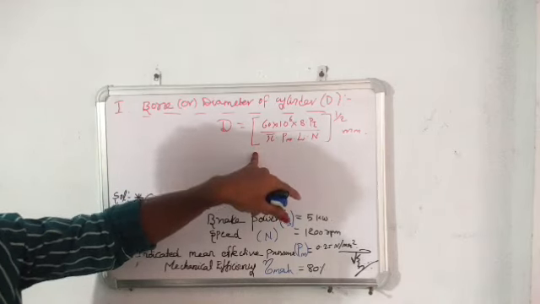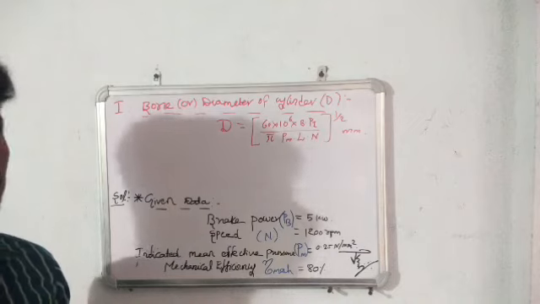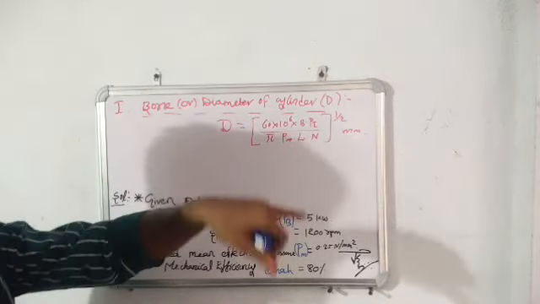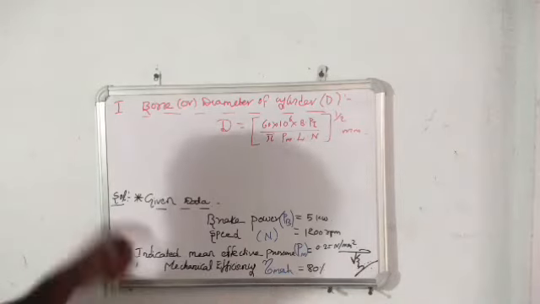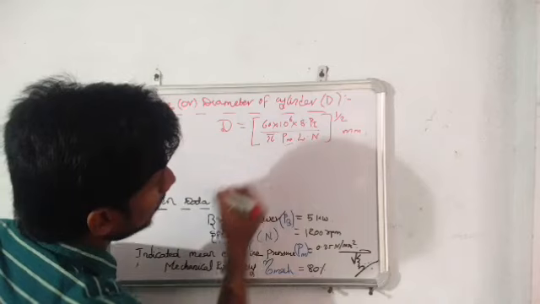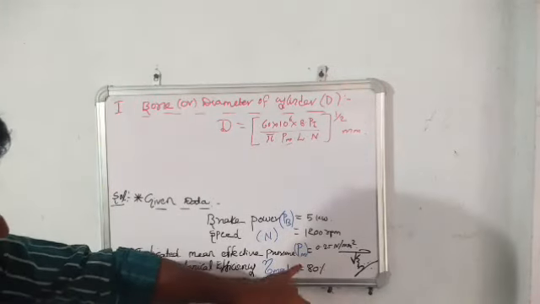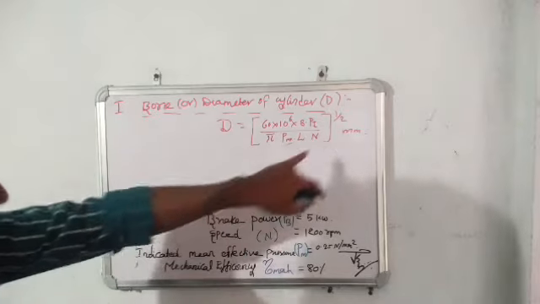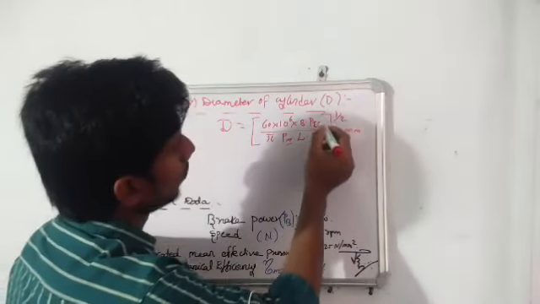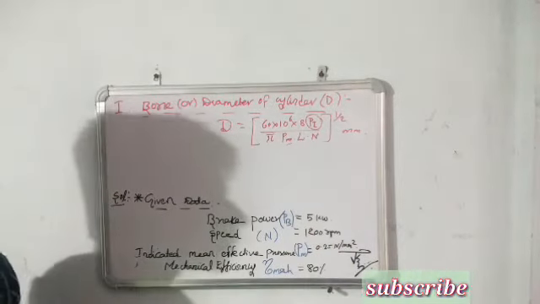It is also given in the design data book. Don't worry if you do not remember the formula, refer to the design data book. Here we have P_m, and in the given problem the P_m value and the speed of the engine are provided, but we don't know the indicated power.